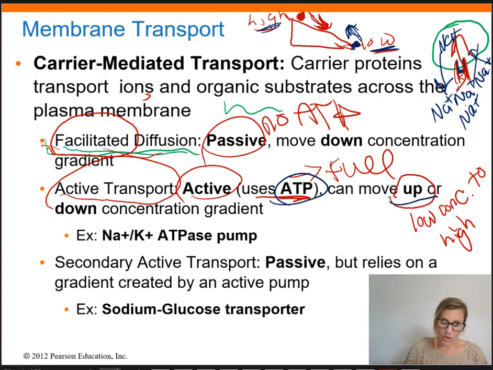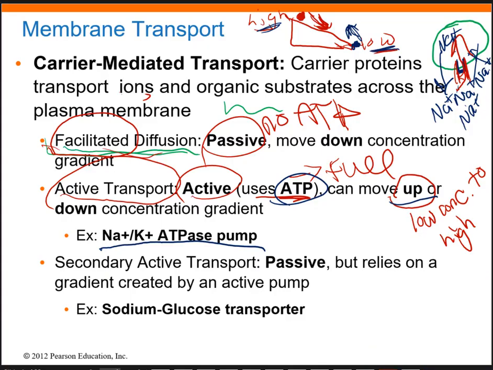One of the most important examples of active transport that our cells utilize is called the sodium-potassium ATPase pump. Let me tell you what that is.